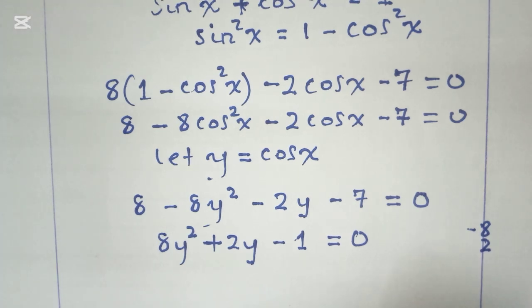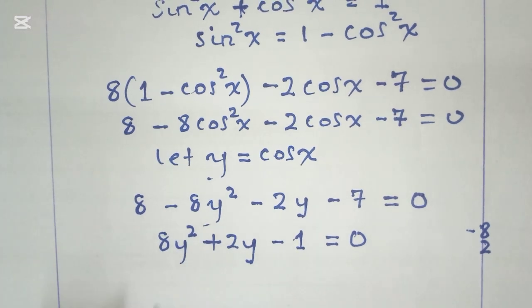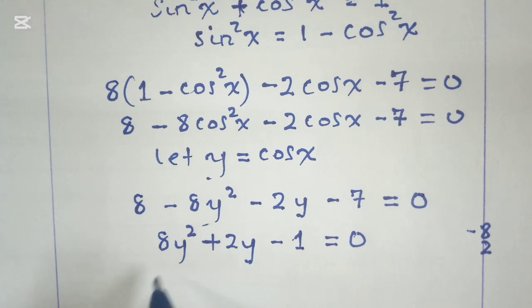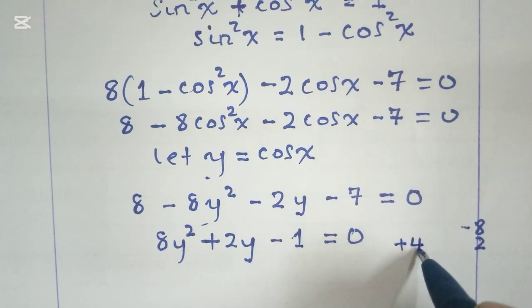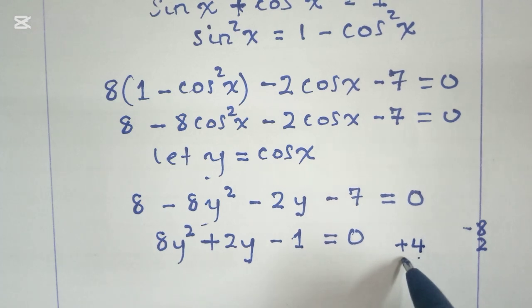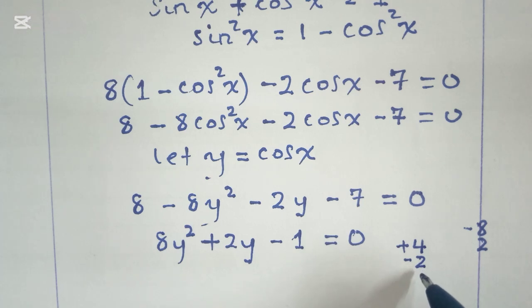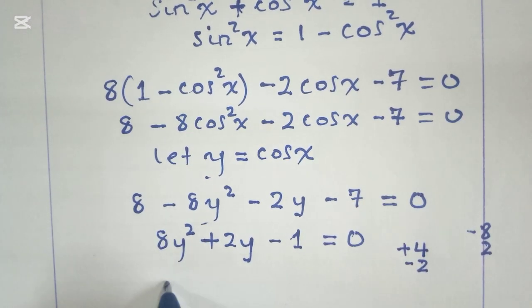Those two numbers are positive 4 and negative 2. If I multiply them, I get negative 8. If I add, I get positive 2. So that's what I'm going to use here.